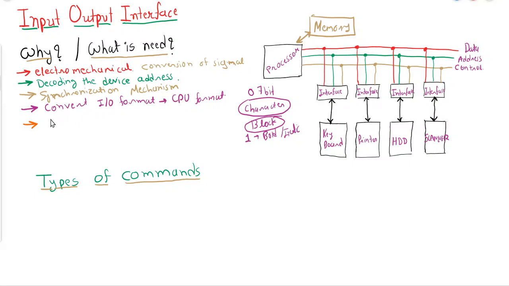So we can say parallel execution of input output operations. That is another reason that the interface is used.